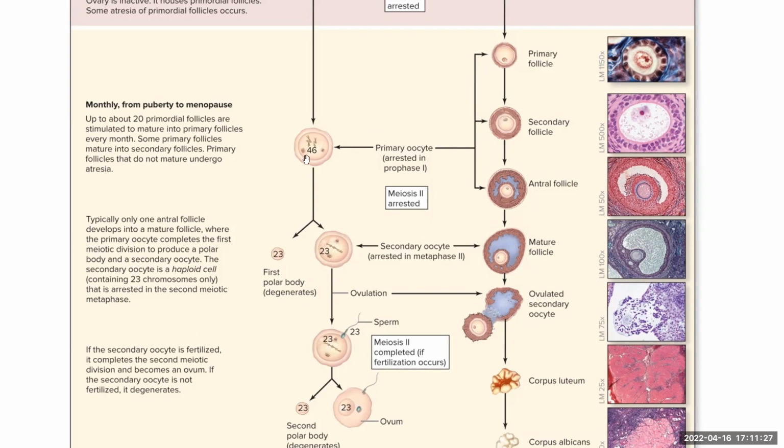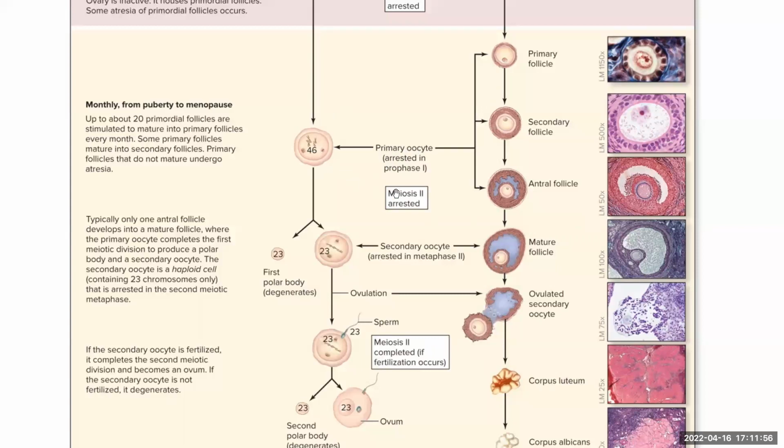Now you'll notice the whole time between primary follicle, secondary follicle, and even the antral follicle, where the oocyte's pretty much still in the middle, but we start to form that cavity there filled with serous fluid. In all of those 3 stages of follicular development, we are still going to see the egg arrested in prophase 1, and so it is still a primary oocyte, and it still has those 46 chromosomes there.